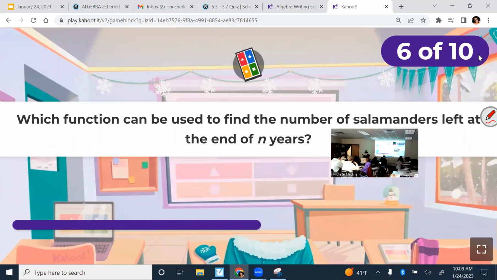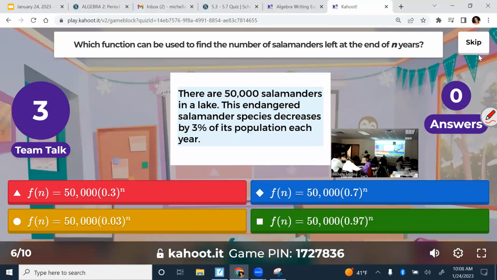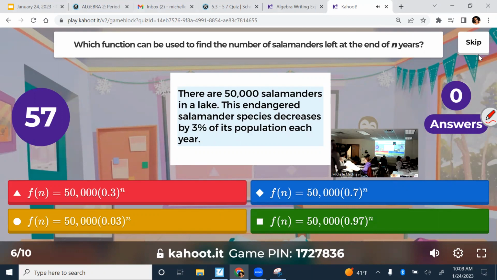What function can be used to find the number of salamanders left at the end of n years?